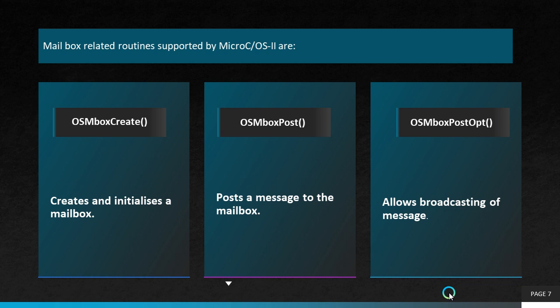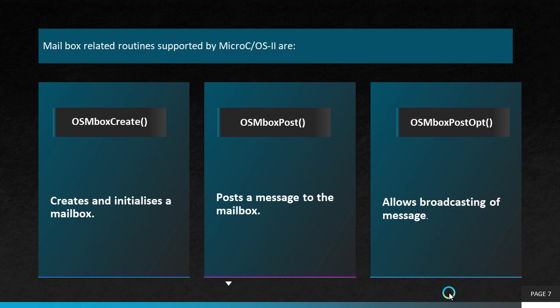It consists of two parameters. The first parameter is a pointer to the mailbox, which is known as the ECB pointer, and a pointer variable that points to the message. Since the mailbox could only carry a single message, the message posting fails if the mailbox already contains a message, and the post call returns immediately.